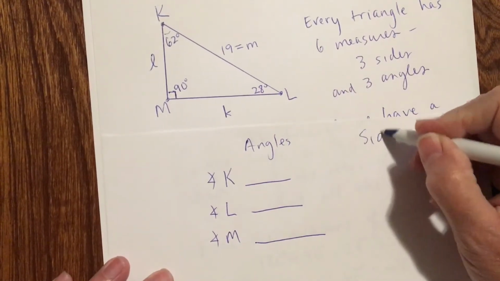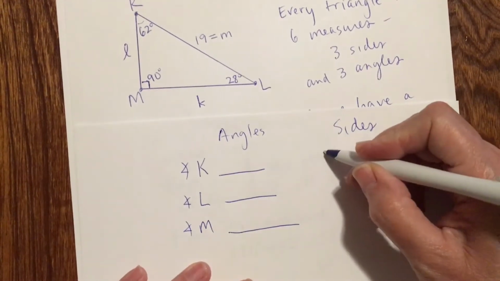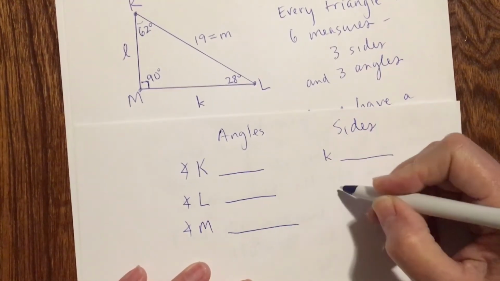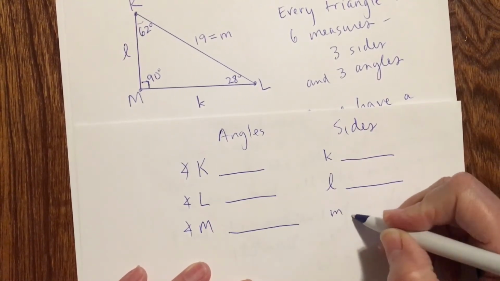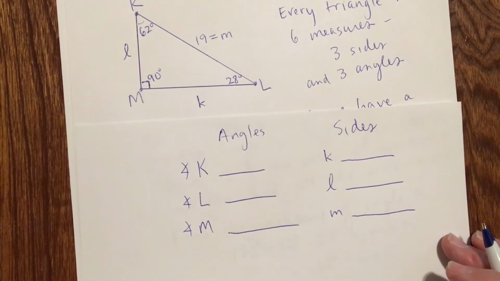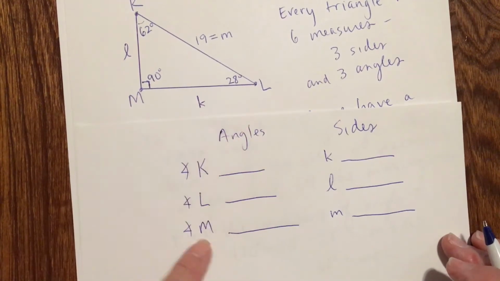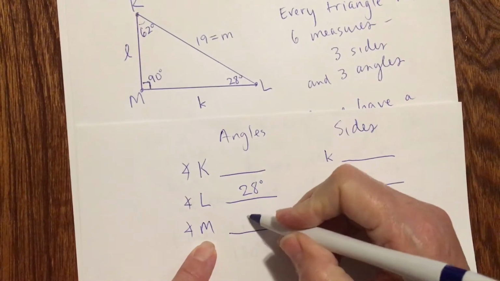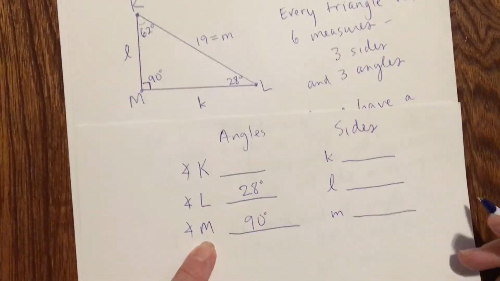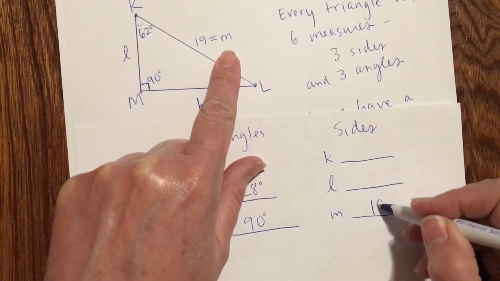And here are the sides, again in alphabetical order: lowercase k, lowercase l, lowercase m. And I'll fill it in as I figure it out. The measure of angle L is 28 degrees. The measure of angle M is 90 degrees. Side m is 19.